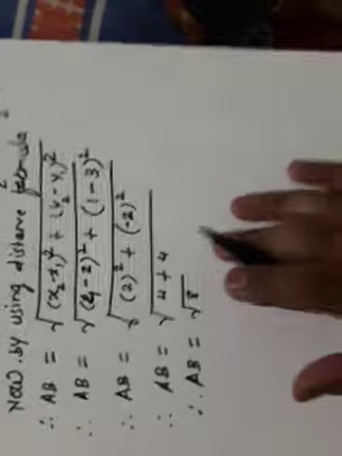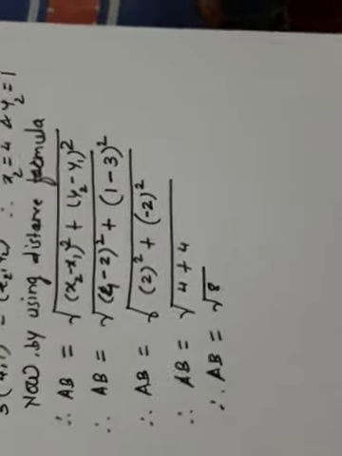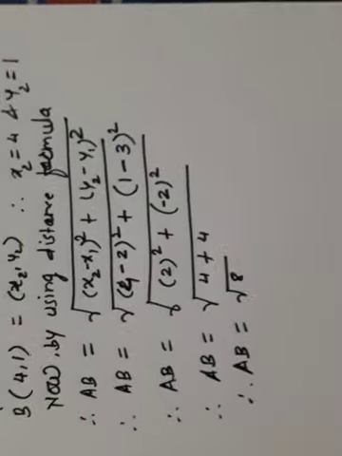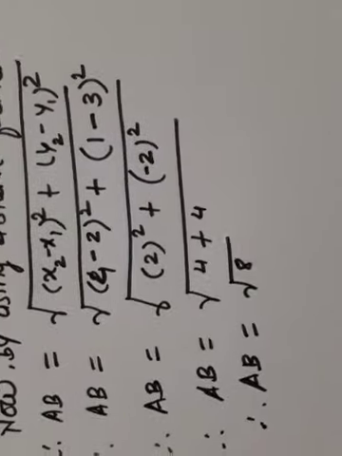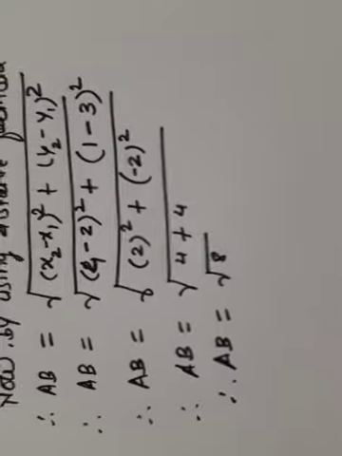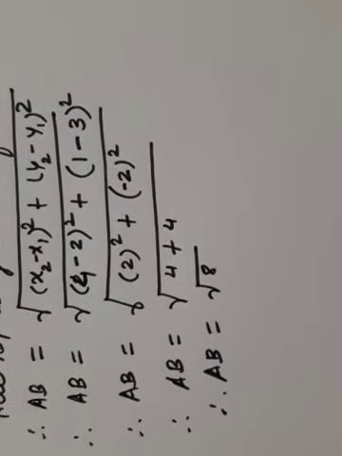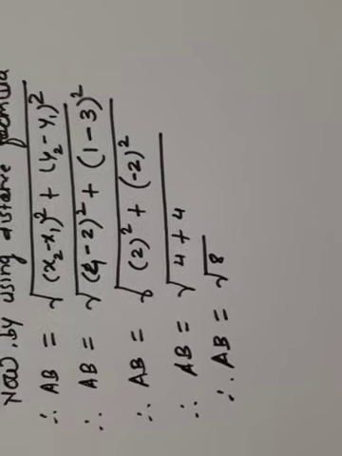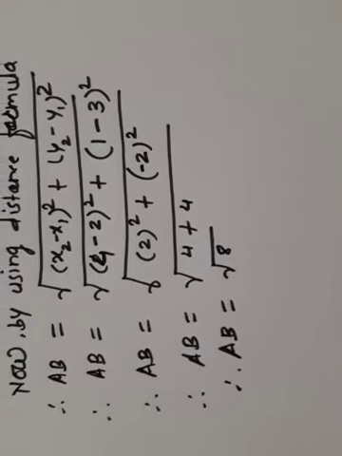If you keep it as it is up to this point, that is also correct, but if it is possible, we can find the factors of the number inside the square root. When we find the factors, remember that among those factors one number must be a perfect square.